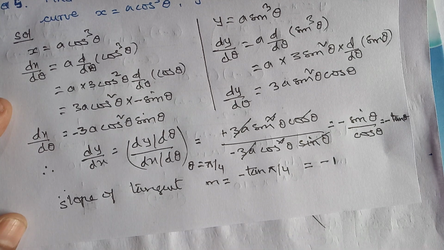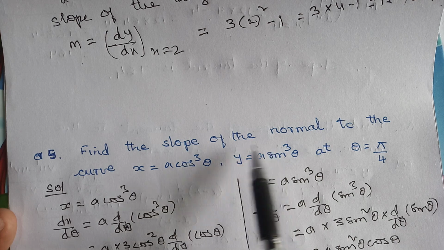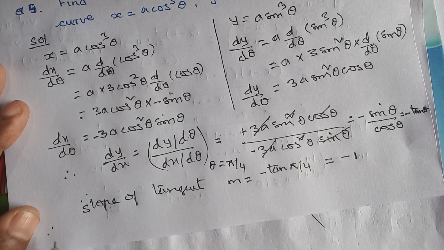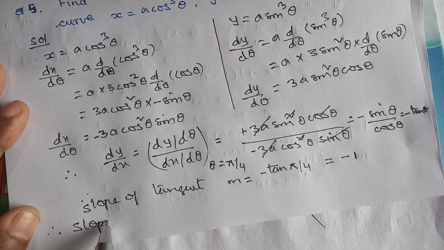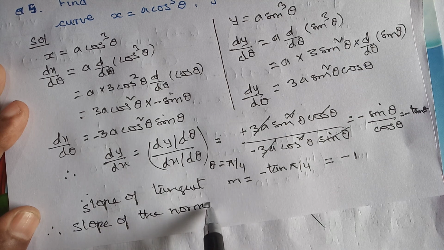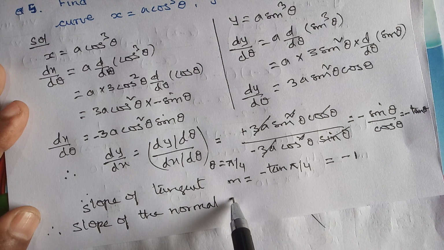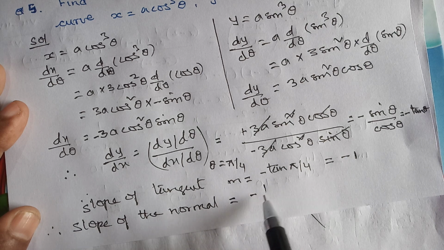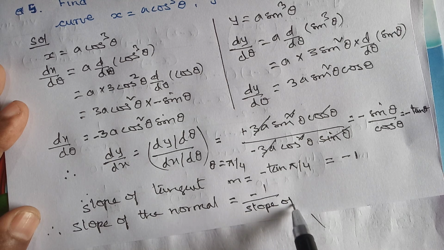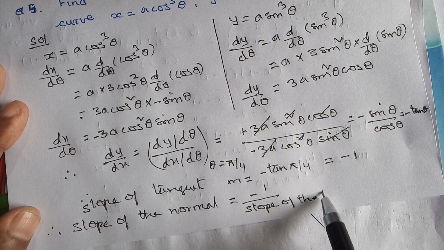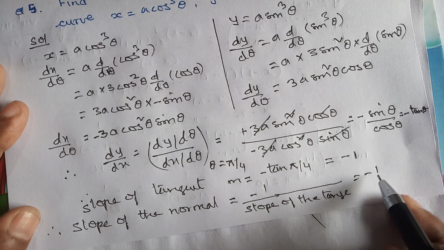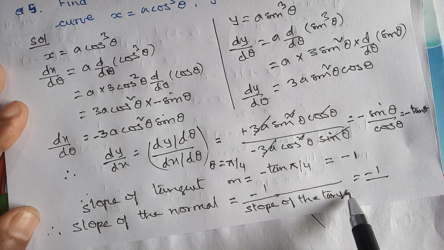But the question asks for the slope of the normal. Therefore, the slope of the normal equals minus 1 by the slope of the tangent.